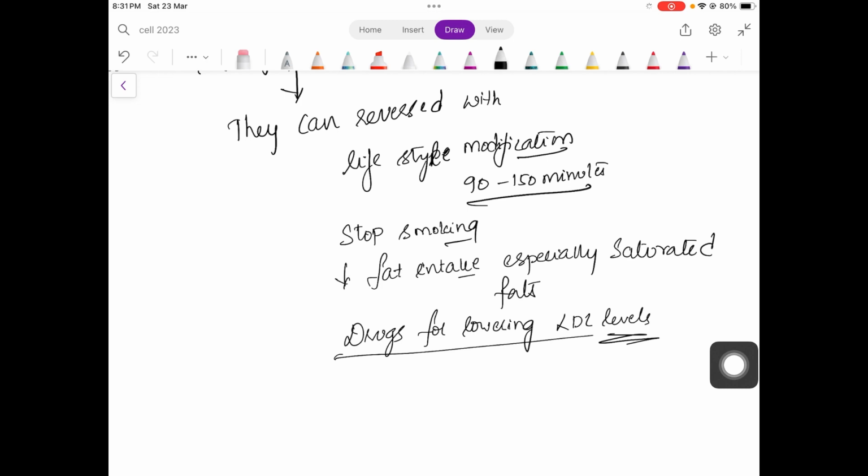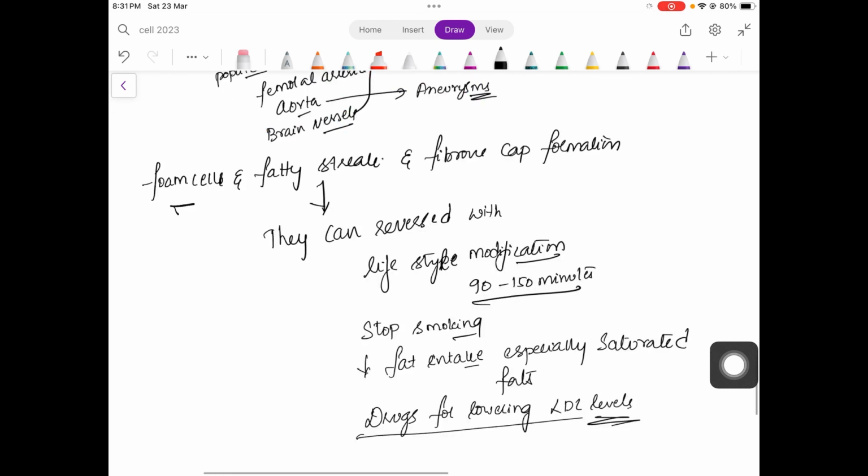This is how you can reverse atherosclerosis. Only these events can be reversed. Once there is a thinning and complete formation of plaque, that is complicated lesions, you can't reverse it. Before that, you can reverse with lifestyle modification.